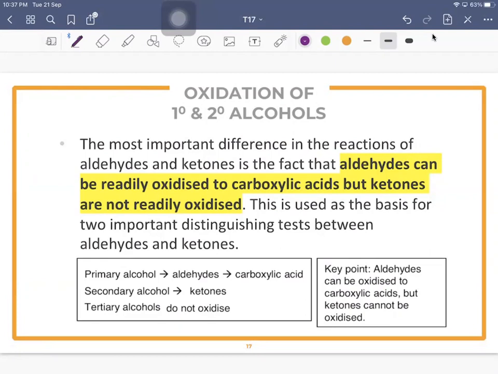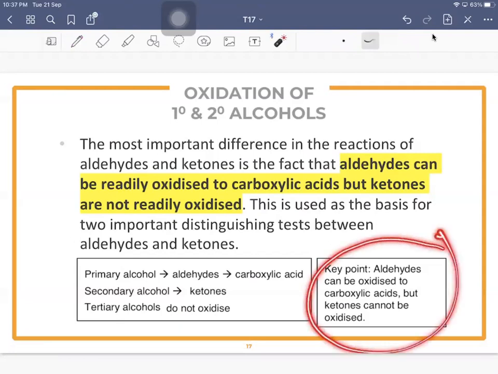If you compare primary, secondary, and tertiary alcohol, we know that primary and secondary can be oxidized, whereas tertiary cannot. This key point, that aldehydes can be oxidized into carboxylic acid but ketones cannot, and ketones will just stop the oxidation process, is an important concept for distinguishing between aldehydes and ketones.